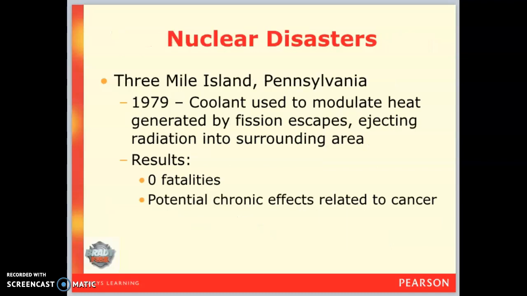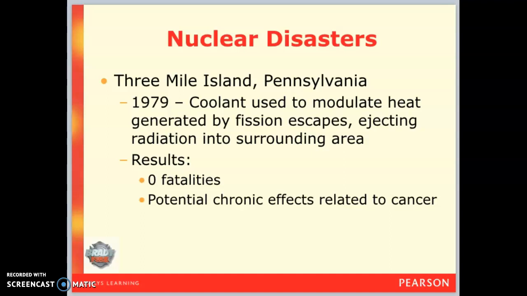And there are a couple of nuclear disasters that are associated with just that kind of thing happening. So we go to 1979. 1979, Three Mile Island, Pennsylvania. The coolant that is used to modulate the heat, to make sure that the heat doesn't get too out of control, escapes and ejects radiation into the surrounding area.